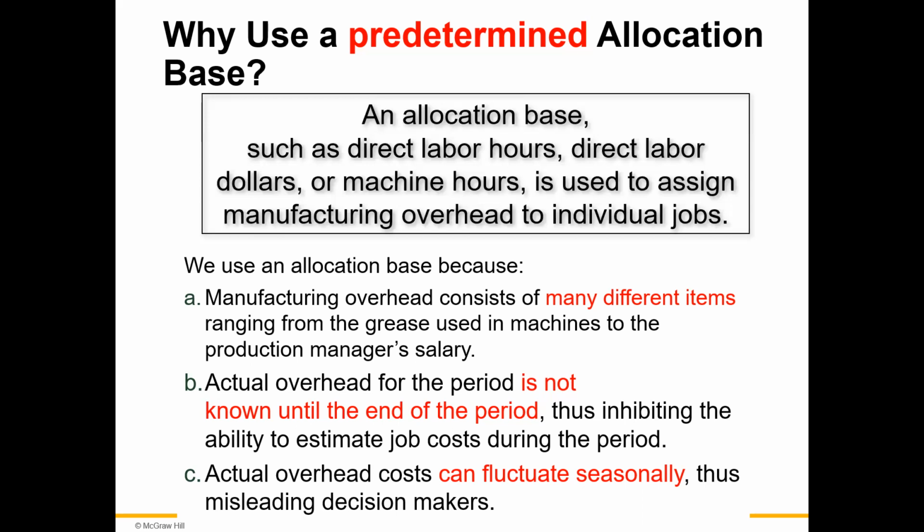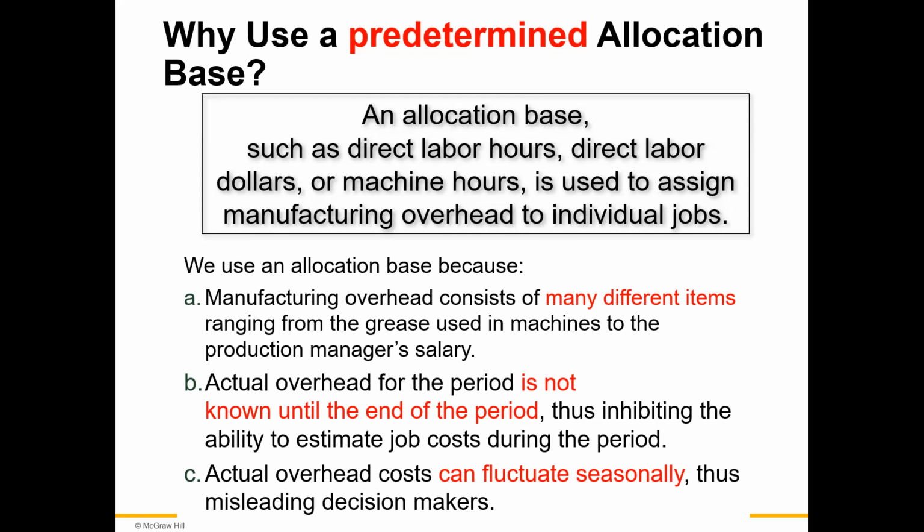So we want to use an estimation, a total amount for the whole year, because the total overhead of the year will smooth out the fluctuations. Each year the total utilities should be much more stable than when you're looking at the seasonal factors.